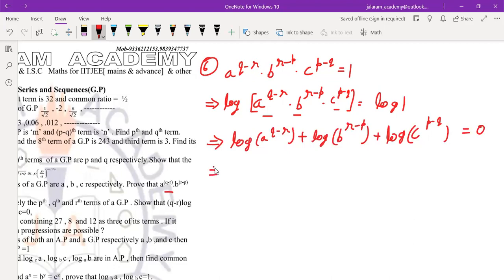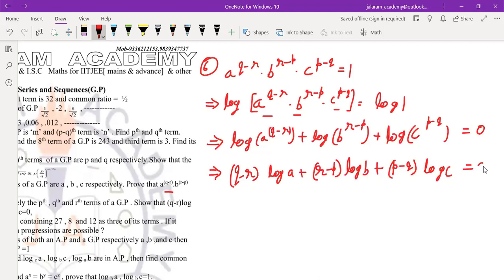You can write this also as one of the properties of log, that log 1 equals 0. Now the power becomes the coefficient of the log: q minus r log a plus r minus p log b plus p minus q log c equals 0. Hence proved.